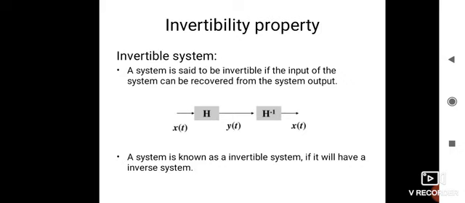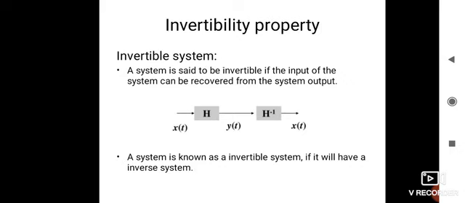That means the cascading of an invertible system and the inverse system is equivalent to the identity system. In the figure, x(t) is the input passing through the system whose transfer function is h, and I get the output y(t). The same output y(t) passes through another system and I get the same input x(t).